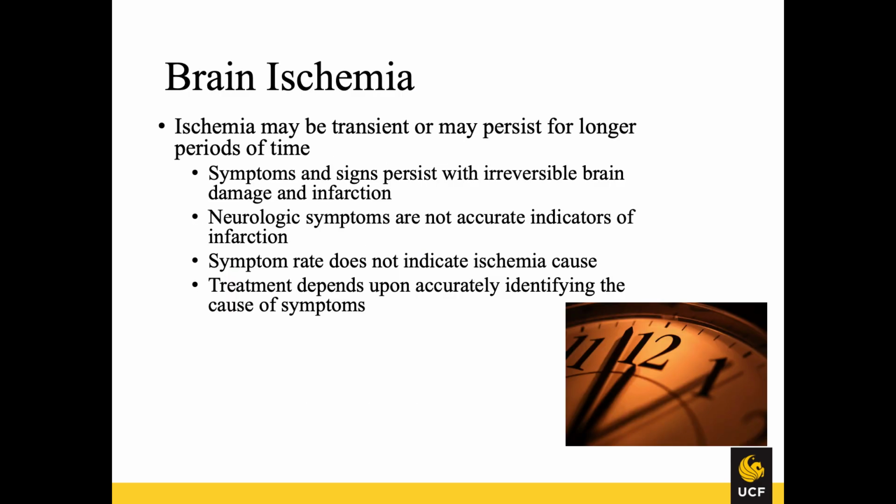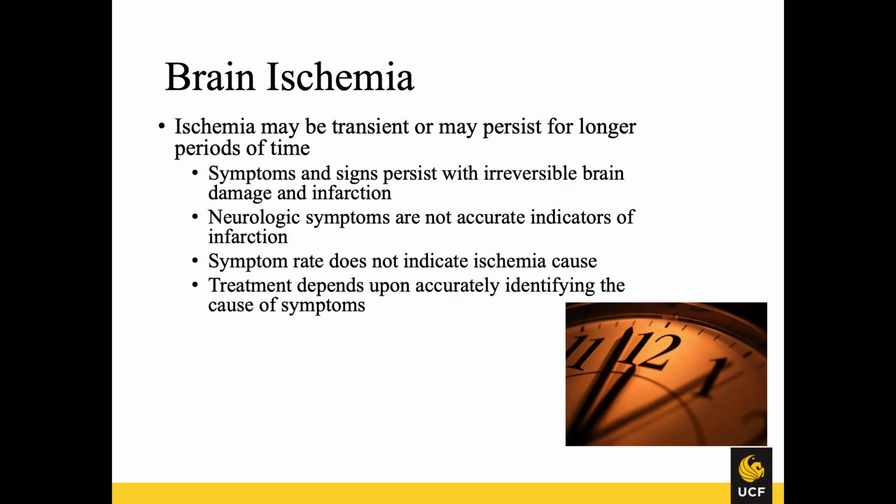So, brain ischemia. Let's talk about the overarching theme of brain ischemia, and then we're going to go back and talk about some more specific stuff. Ischemia may be transient, like we talked about, for example, in a TIA, or it may persist for a longer period of time, and symptoms and signs persist with irreversible brain damage and infarction.